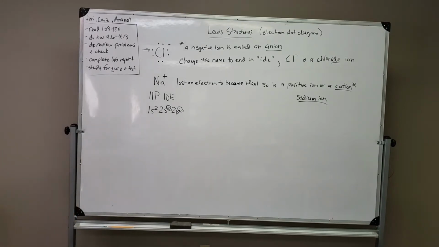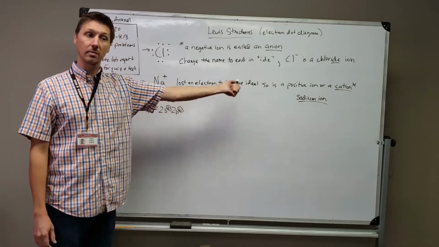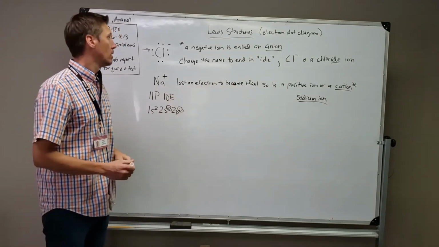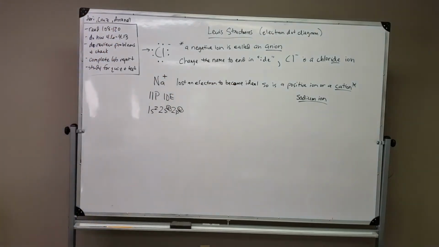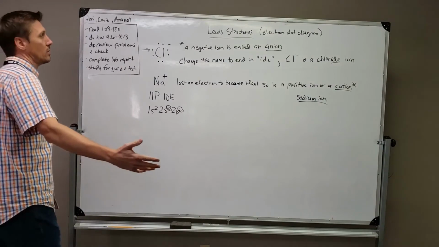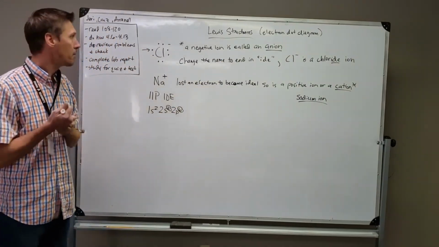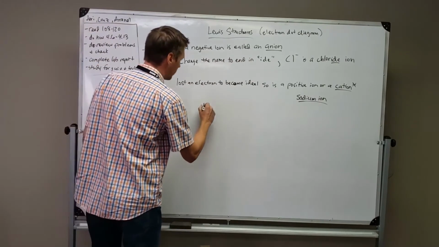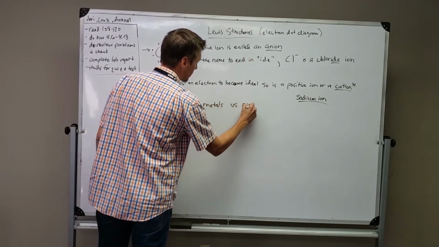So metals typically lose electrons and become cations. Non-metals, which are the ones on the right side of the page, all the blue ones there, right? Non-metals typically gain electrons and become negative ions, all right? So let's write down these distinctions between metals versus non-metals.